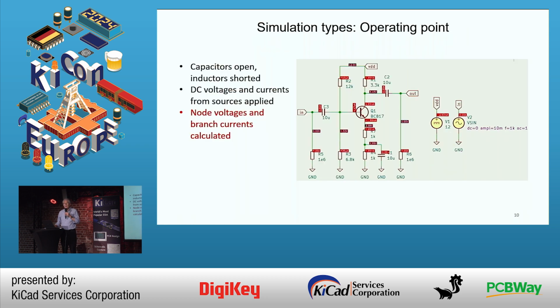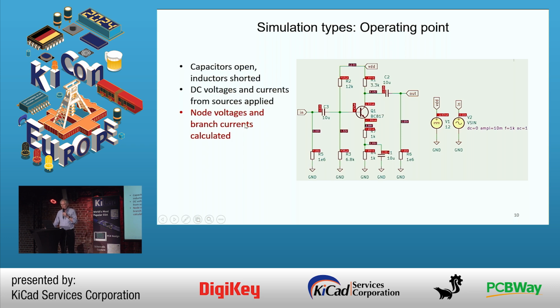What kind of simulation types are then available? The first is the operating point simulation. What does ngspice do with the circuit? It opens all capacitors, it shorts all inductors, and then it puts all the voltages we have here onto the circuit. And then it does a calculation.